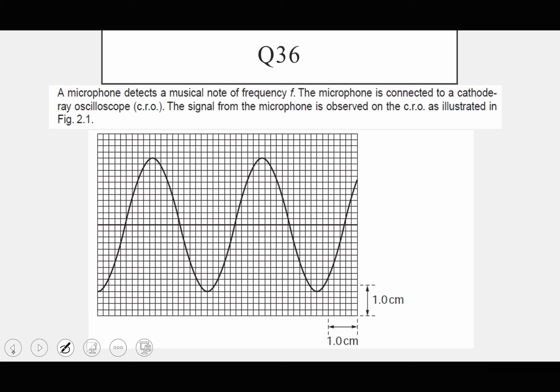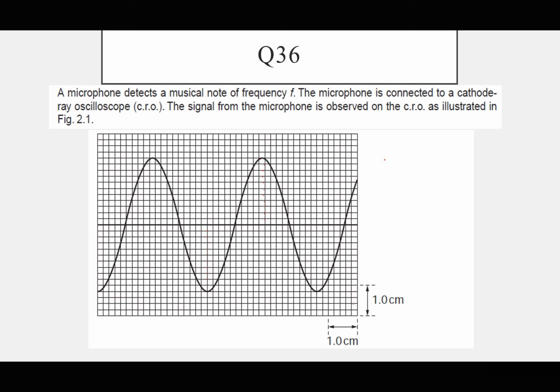The amplitude: I'll count the number of small squares, 1, 2, 3, 4, 5, 6, 7, 8, 9, 10, 11. And then at the bottom we have 1, 2, 3, 4, 5, 6, 7, 8, 9, 10, 11. So I have 11 small squares representing the amplitude. But note that 5 small squares represent 1 centimeter.